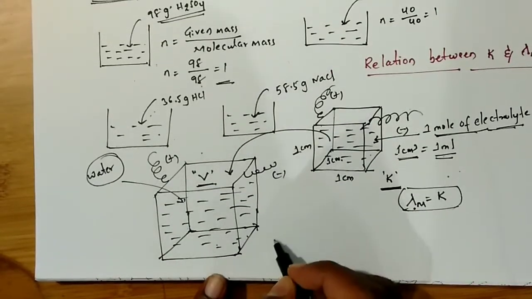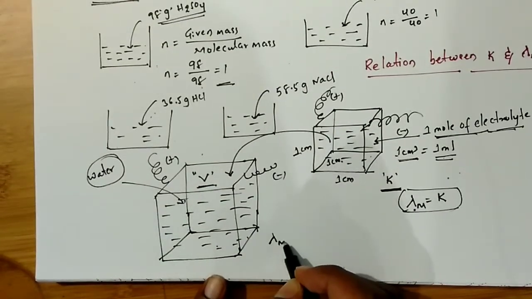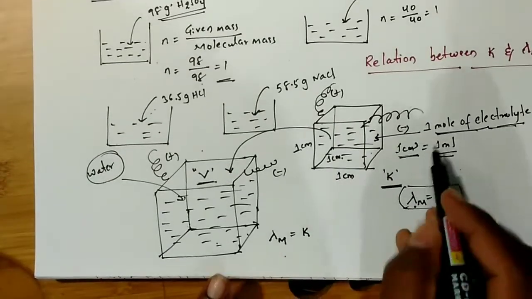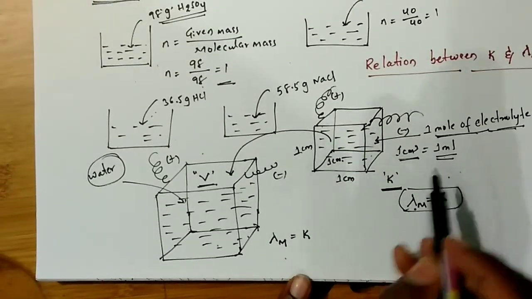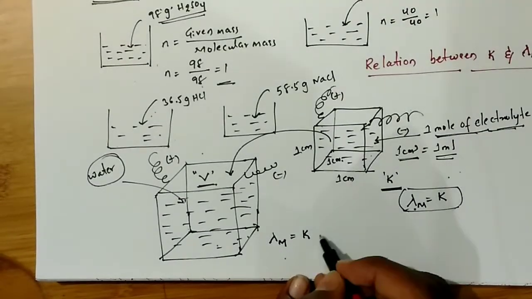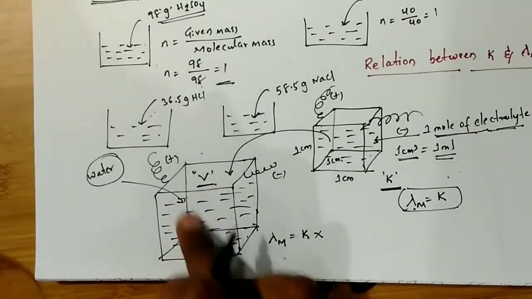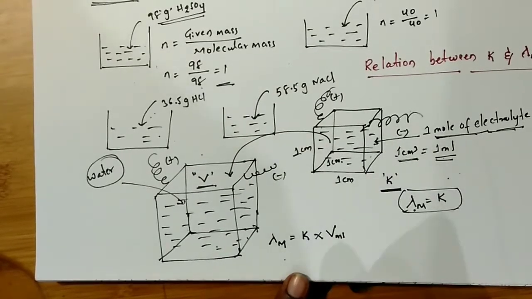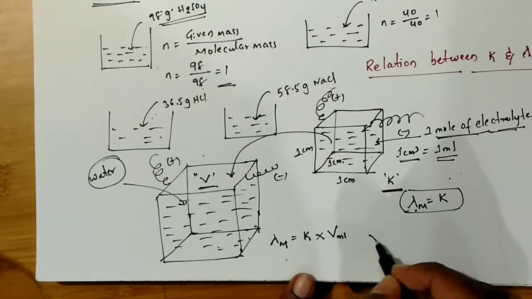Now in this case, molar conductance is equal to the conductance shown by 1 mL solution, that is nothing but specific conductance, into total volume here. What is the total volume? V mL. So what is V here?